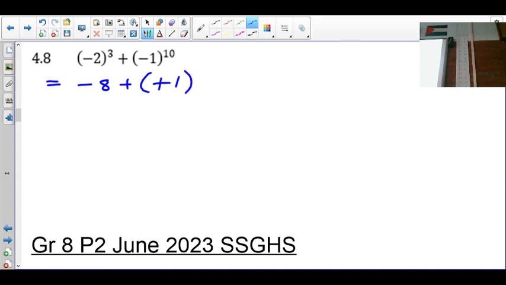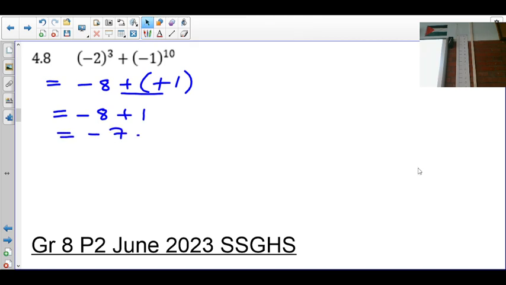Many wrote 10. So it's negative 8. Why? Because it's 1 times 1 times 1 times 1 times 1 times 1 times 1 times 1. These 10 ones we multiply. Positive times positive is positive 1, and negative 8 plus 1 is negative 7.